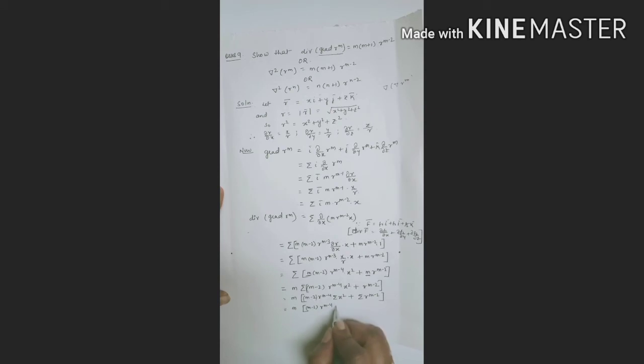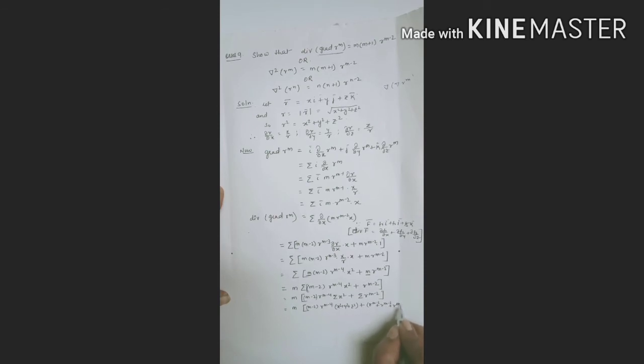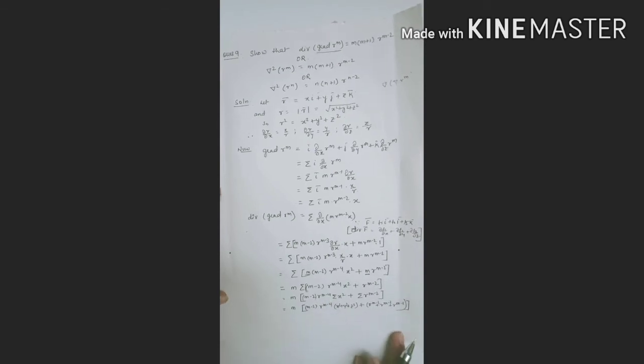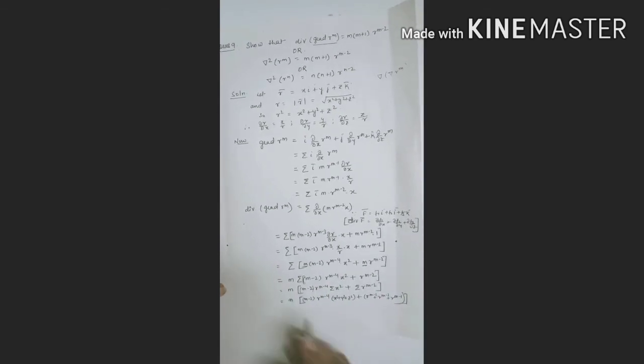Summation x square means nothing but x square plus y square plus z square, plus summation of this means r to the power m minus 2 plus r to the power m minus 2 plus r to the power m minus 2, right? So why have we taken the summation of x square? Only because this term will be common to x square, y square and z square.